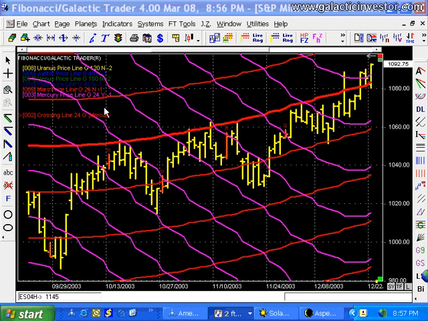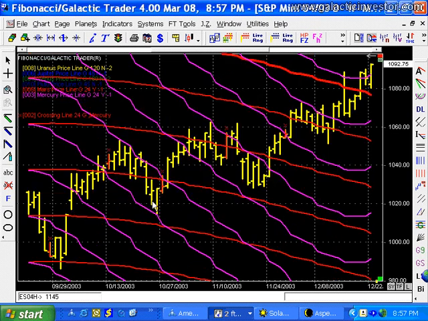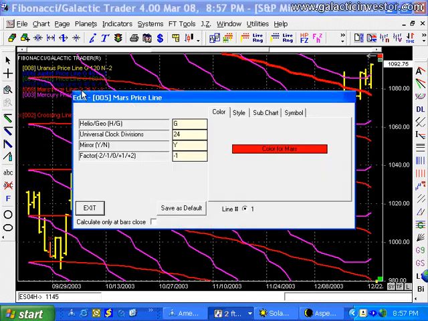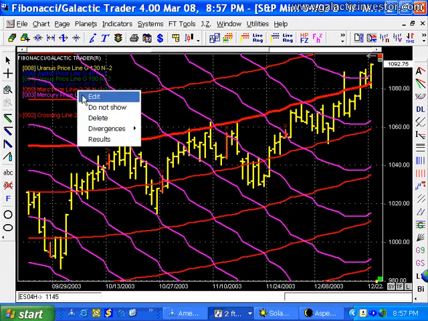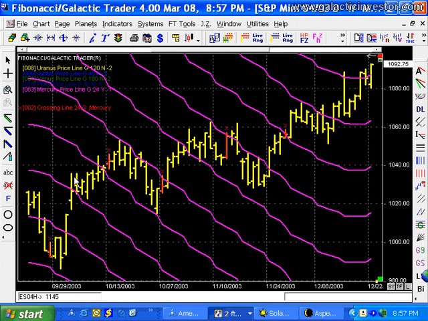And this is what it would look like, and it's not anywhere close on the mirror setting. If you clicked on the non-mirror, it's not anywhere close, but I'm just walking you through the process where you can edit the line real easily. We had Mars at the 120, now we changed it to the 24. But let's just delete that. And at this point, we don't need to go any further.